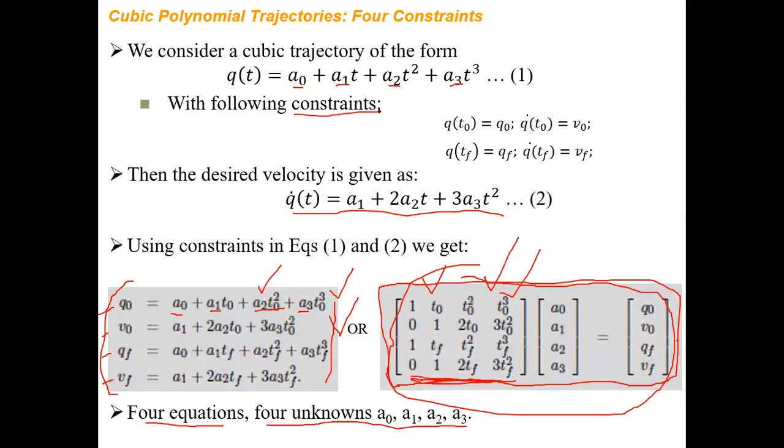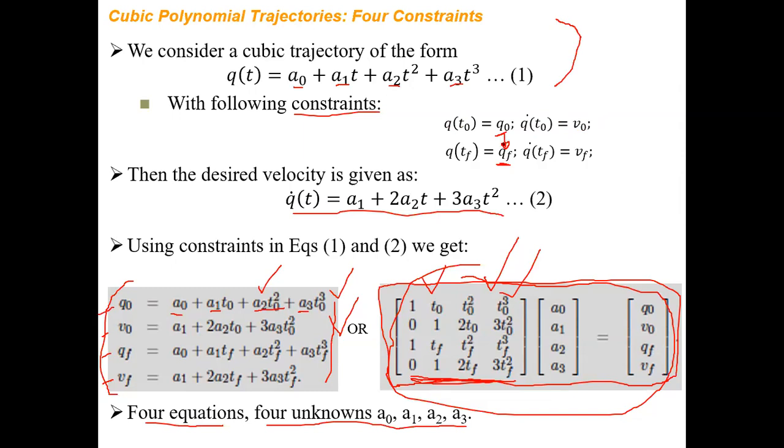And how do we know how many constraints we have? Are we told that? Yes, that's important. How do you want your robot to move? My robot has the initial position Q0, and you want to move the robot from Q0 to QF.